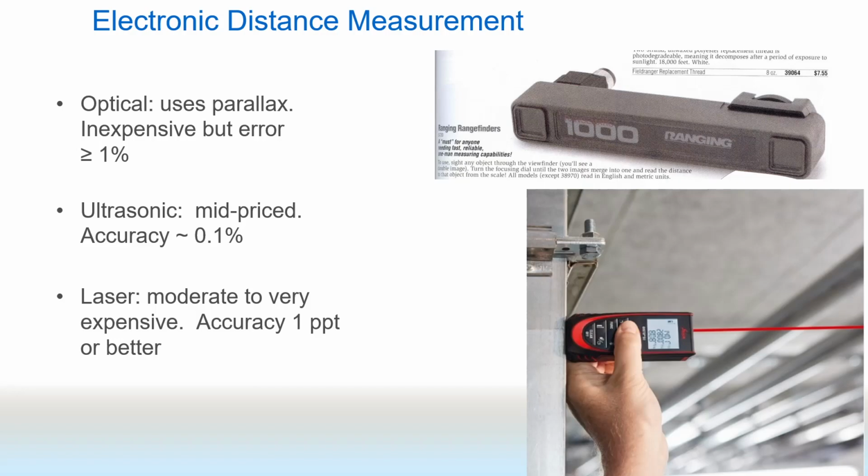And the last one, electronic distance measurement. Sometimes optical, sometimes not very precise, sometimes ultrasonic, mid-priced and not very big accuracy. And the laser one, moderate to very expensive, accuracy is very good.